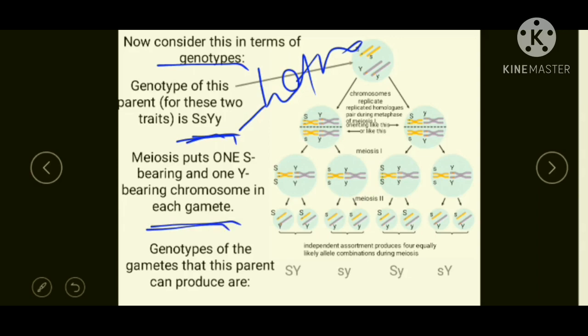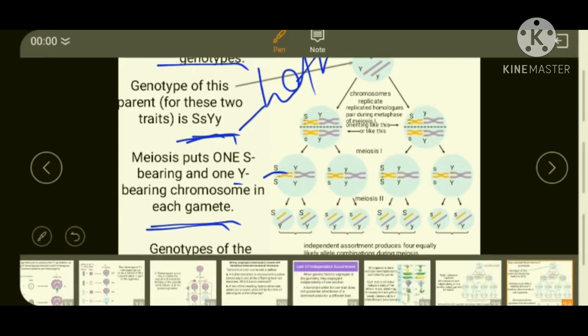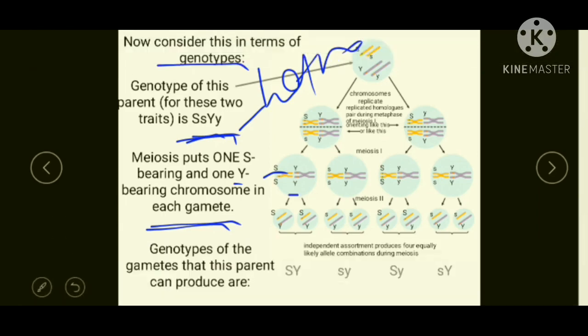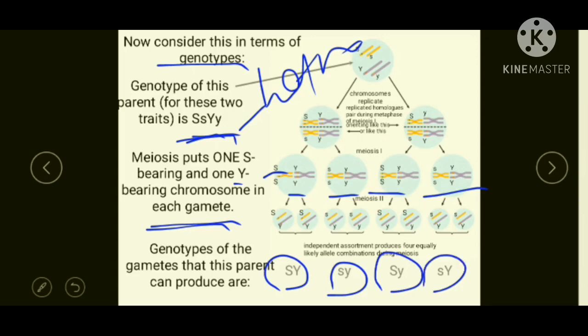So the genotypes of the gametes that this parent can produce are SY, SY, SY, and SY.